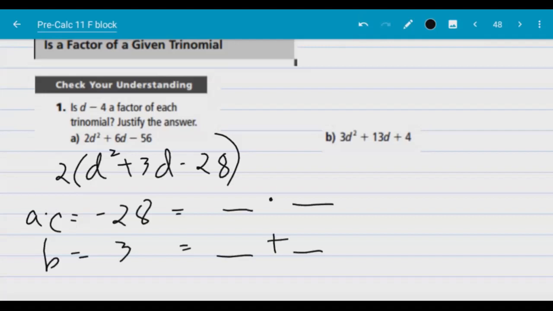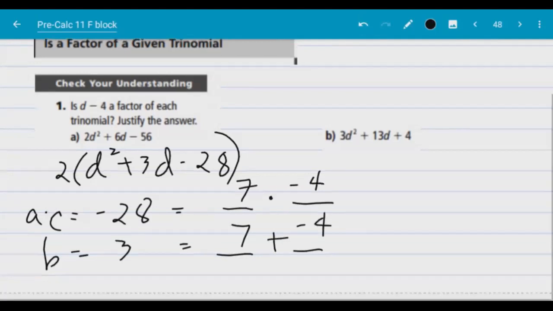What two numbers would have a product of 28 and have a difference of 3? That would be 7 and 4. But one of them has to be negative because the product is negative. And I think you would see that this is 7 times negative 4 and 7 plus negative 4.